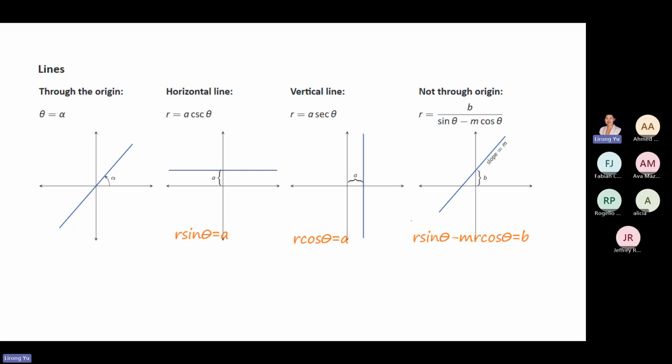But if it's a line at an angle, then you have y equals mx plus b. So what is y equals mx plus b? y is r sine theta, and x is r cosine theta. So y minus mx equals b. We factor out the r, so r equals b over sine theta minus m cosine theta.